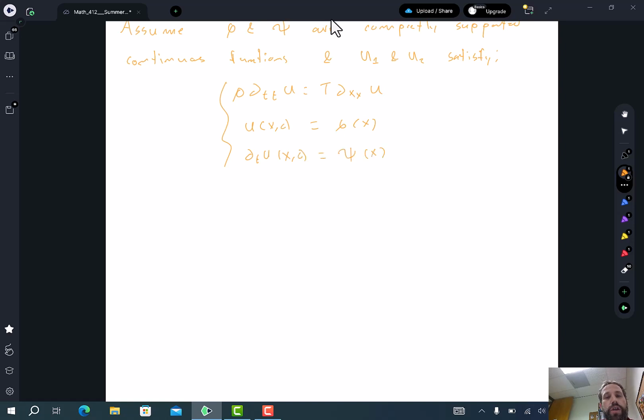So I'm saying u1 and u2 both satisfy this equation. Then the conclusion, so that's the hypothesis of the theorem, the conclusion is that u1 is equal to u2.